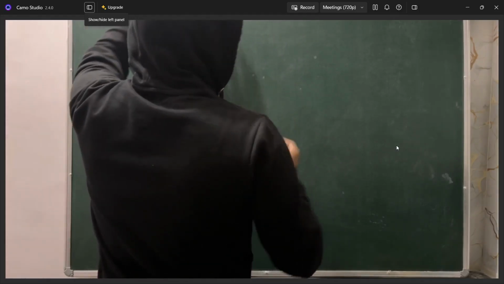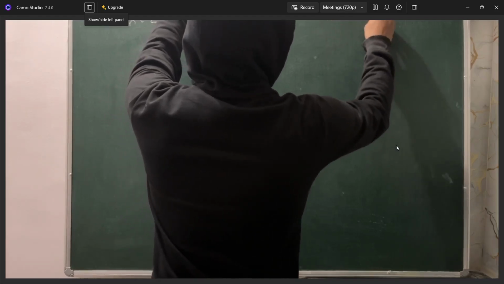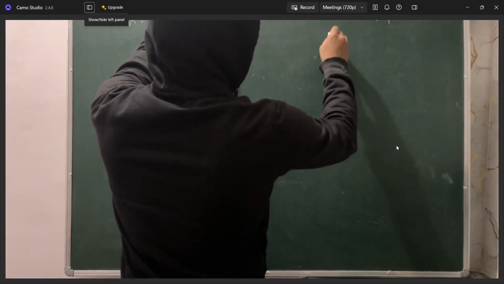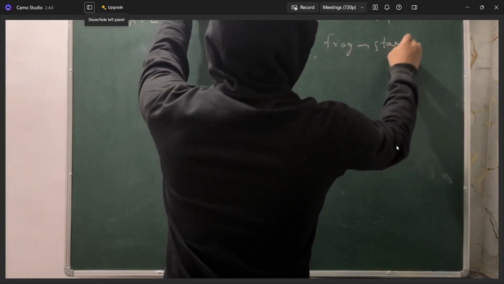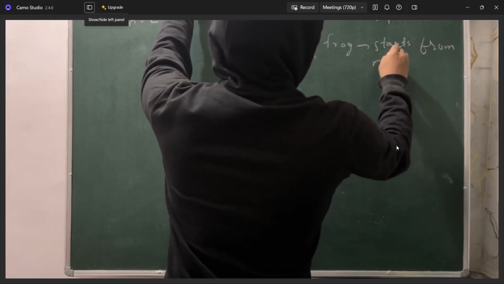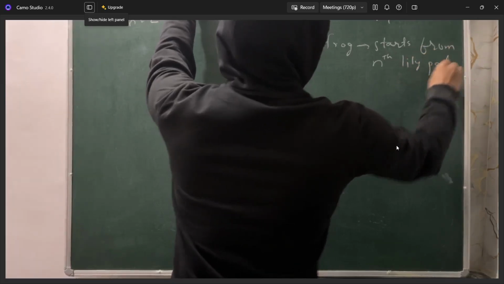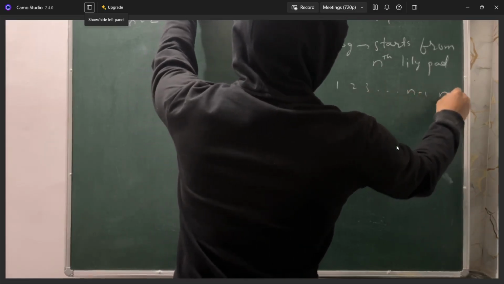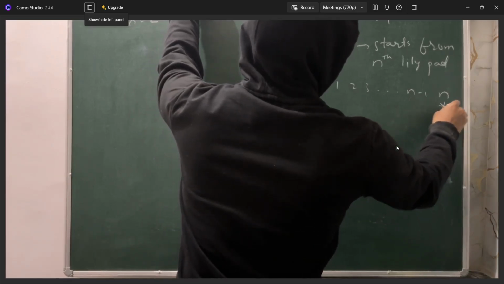In the question, there are n lily pads, numbered 1, 2, 3 up to n minus 1 and n, and the frog starts from the nth lily pad. So our frog will be at this position initially.